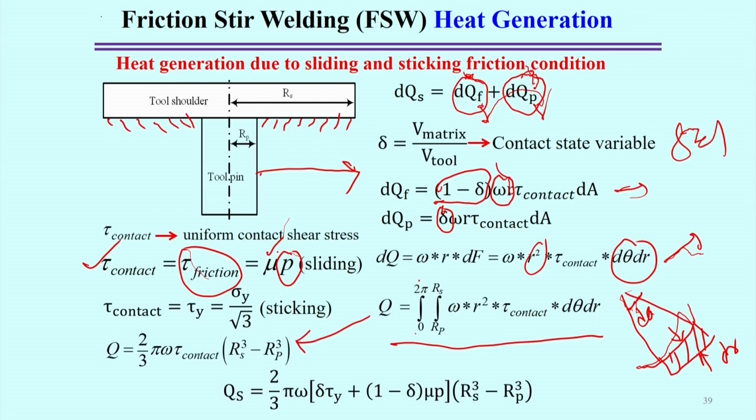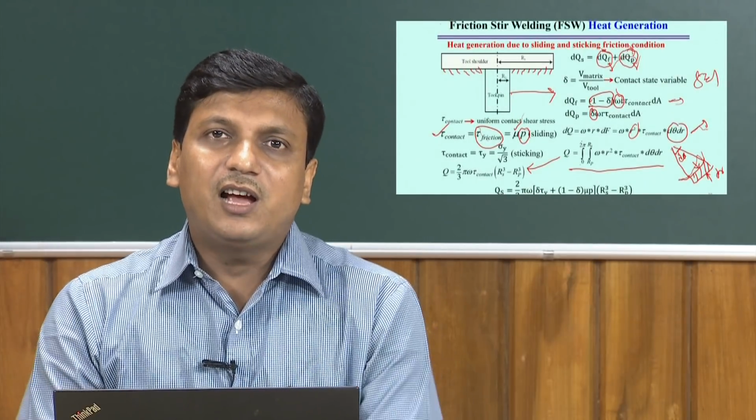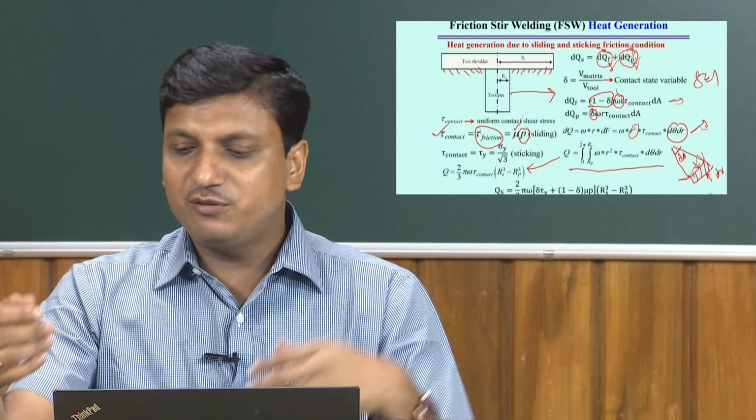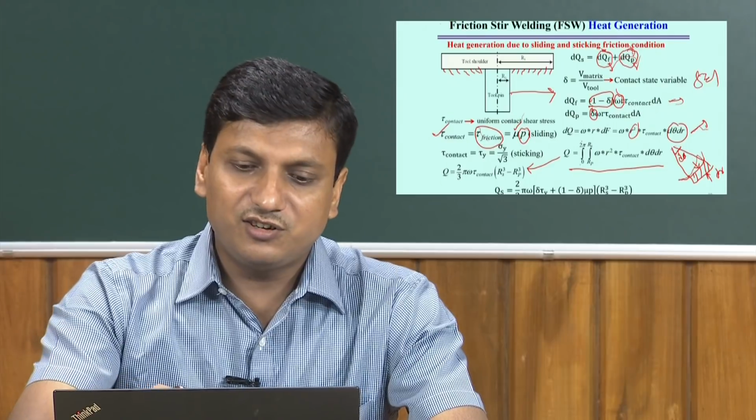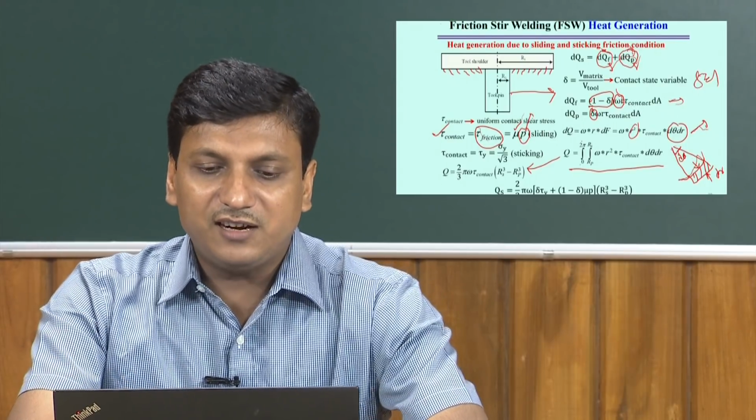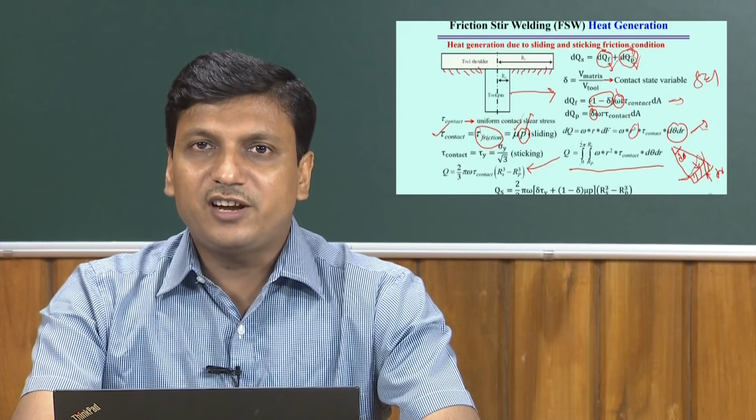Pressure can be calculated from the axial force: if you know the axial force and divide it by the cross sectional area over which it is distributed, that defines the pressure. So, this defines the sliding friction condition.